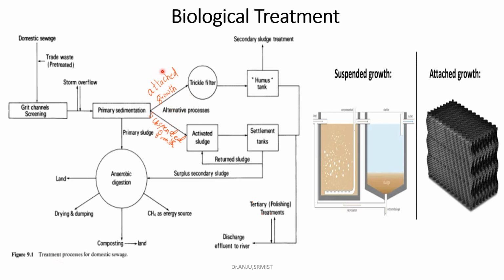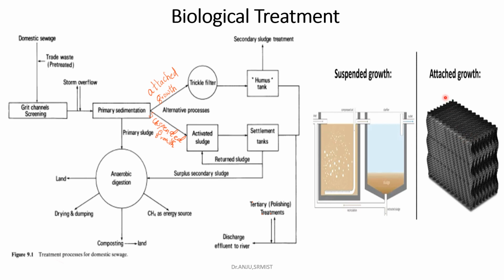One is the attached growth process and the other is the suspended growth process. In the suspended growth process, the microorganisms are suspended in the wastewater to be treated. That is, the microorganisms are freely floating in the wastewater and acting upon the carbon material.